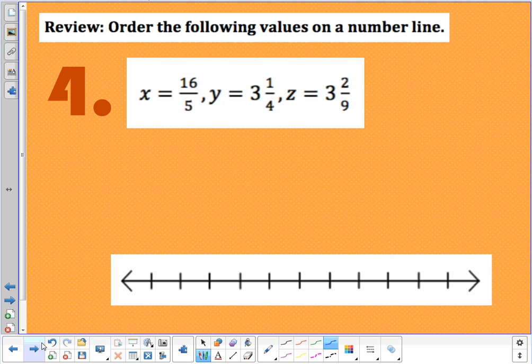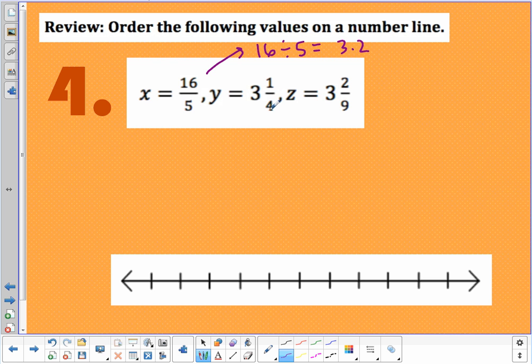One more ordering decimals, so 16 fifths. 16 fifths ended up being 3.2. If you're wondering how I'm getting those values, I just take that and divide it in my calculator. 16 divided by 5, hit your equal sign, and you get 3.2. Same thing with this 1/4.